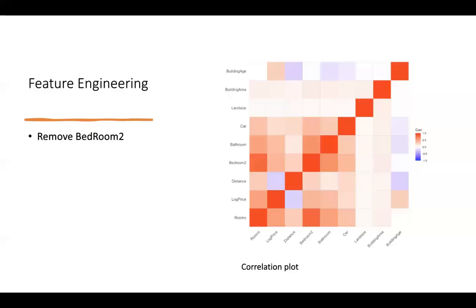We also use the correlation plot to find the degree of correlation between numerical attributes. As shown in the table, we can see that rooms and bedrooms have a really high degree of correlation, which means that it's a redundancy and one of them can be removed to improve the calculation of the model.